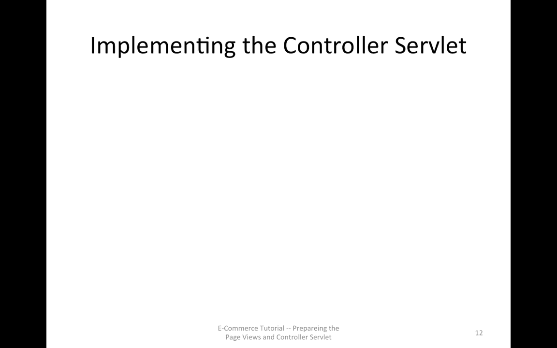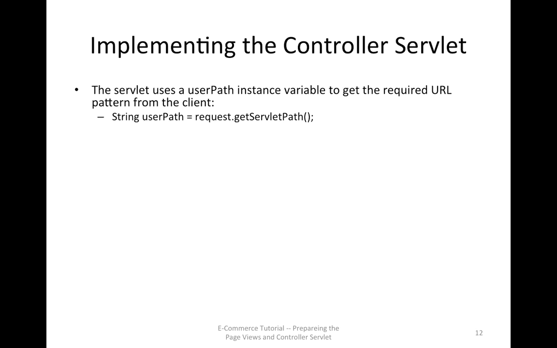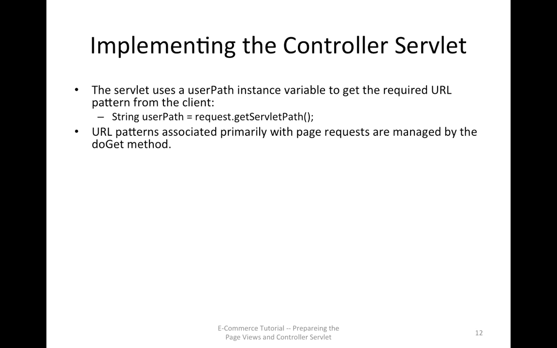The final task for this unit is to implement the controller servlet. The servlet uses a userPath instance variable to get the required URL pattern from the client. The code is String userPath equal request.getServletPath. The URL patterns associated primarily with page requests are managed by the doGet method.